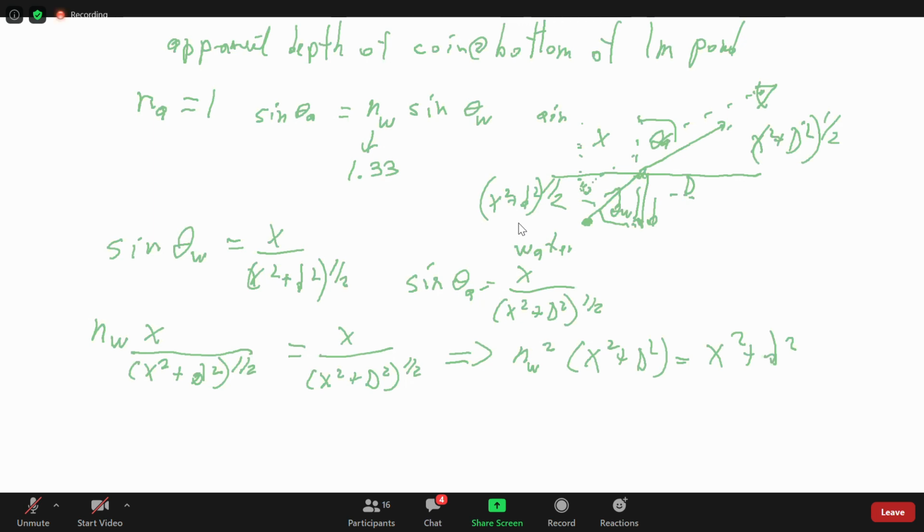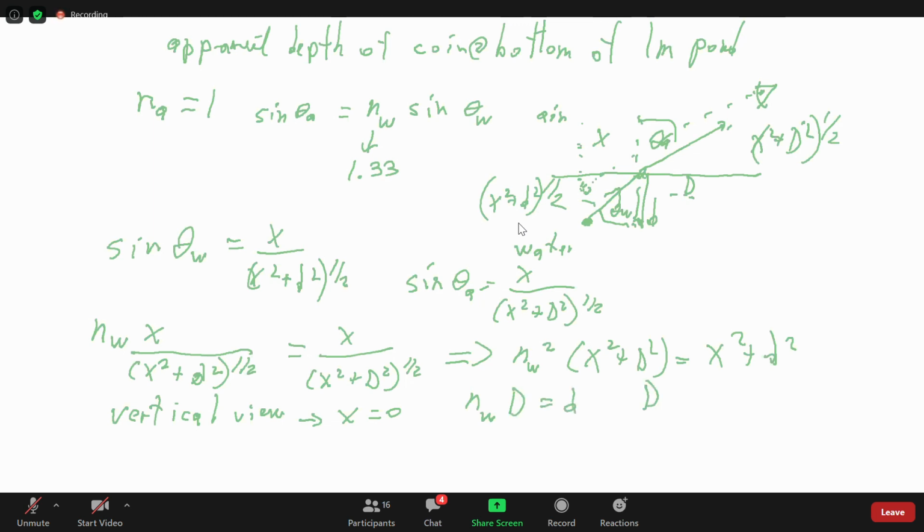Let's take the vertical view. If we now look straight down, vertical view would mean x equals 0. That simplifies things enormously, and what we get is n_w times big D is equal to little d.